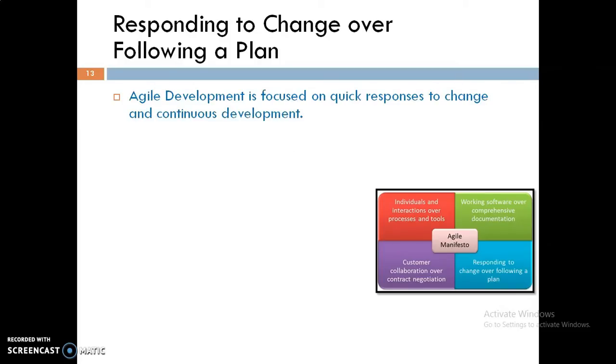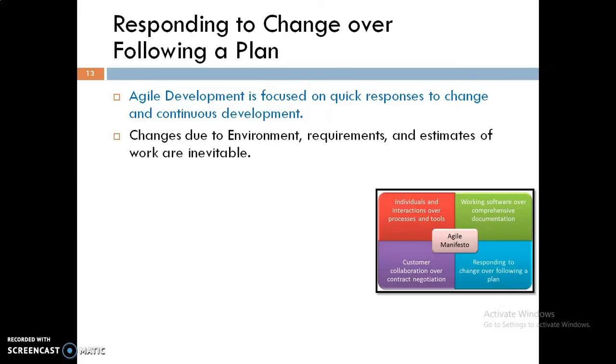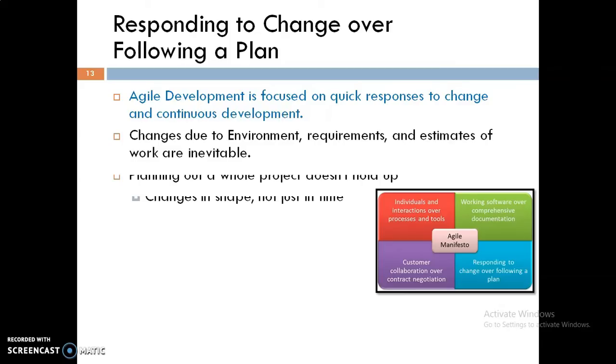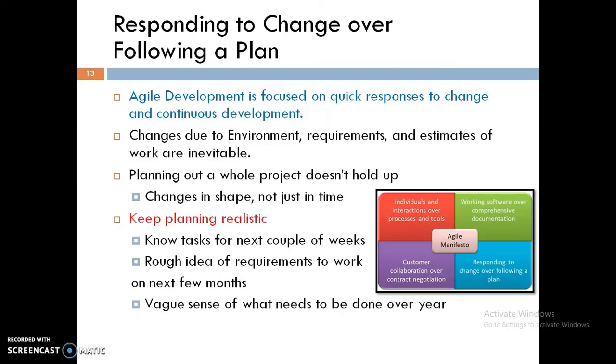The third important value is responding to change over following a plan. Agile software development focuses on quick response to change and continuous development of software. Whether the change is due to the environment, a requirement change by the customer, or the estimation of the software, they will quickly respond and accordingly do further planning and set the pace of development.